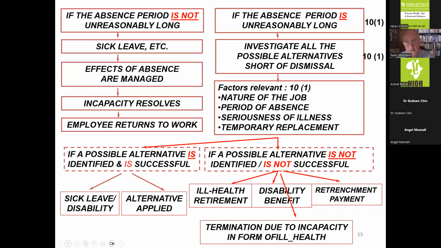If, however, on the right-hand side of the bottom of the slide, it's not identified or not successful, this is where the concepts of ill health retirement, a disability benefit, and a retrenchment payment would come into play, which we're going to discuss extensively a little later, and then also the possibility of termination on the grounds of incapacity in the form of ill health, if perhaps there is no ill health retirement benefit or insured disability benefit or retrenchment payment.